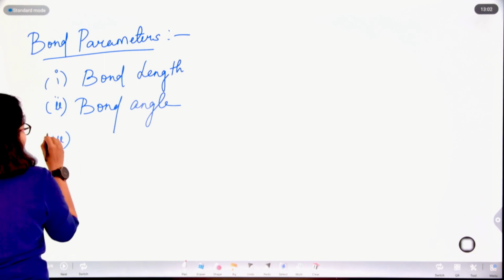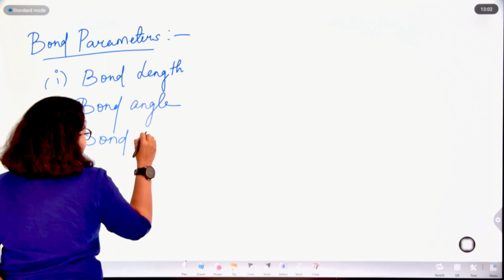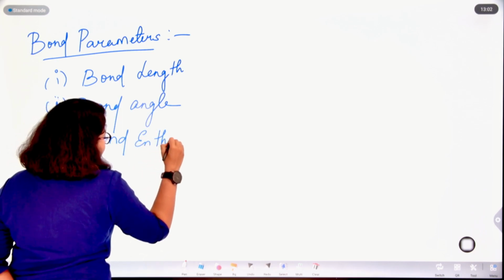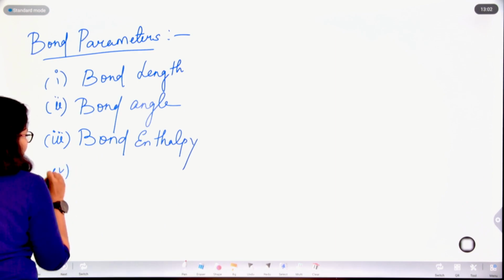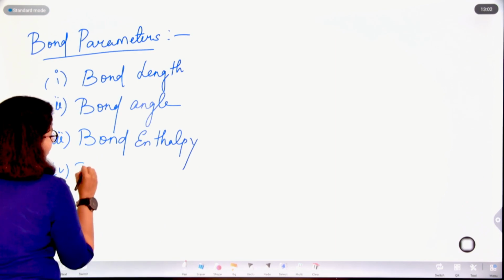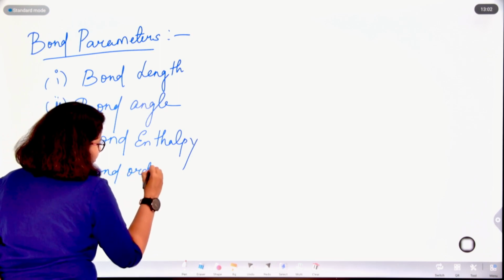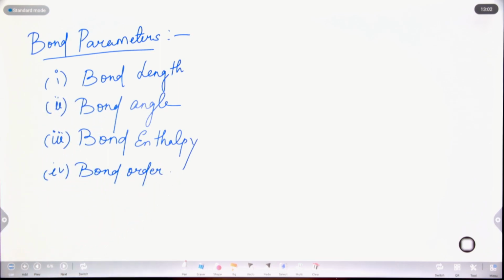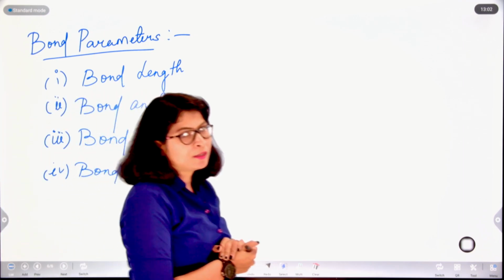Third, bond enthalpy. The fourth is bond order. So we will be dealing with these four bond parameters in detail in this particular video.